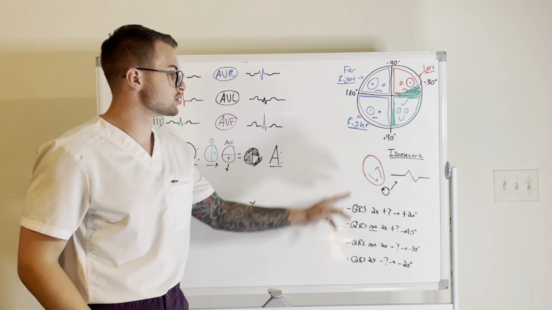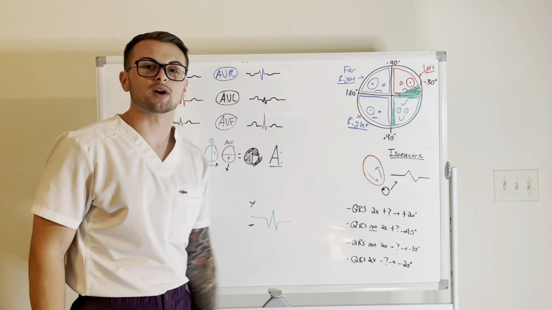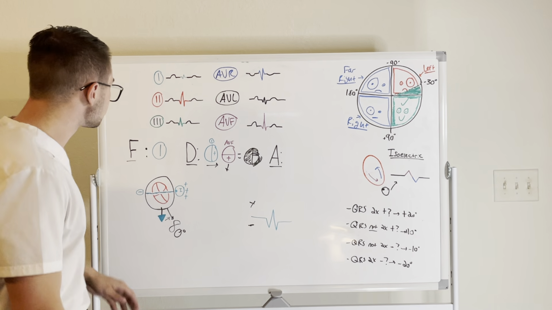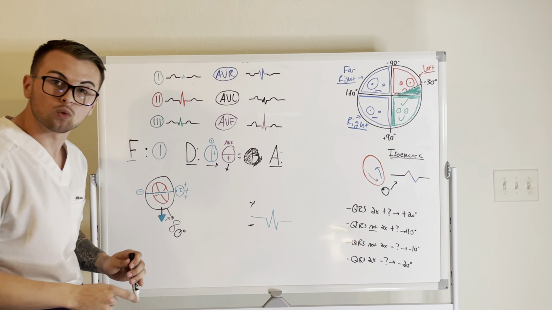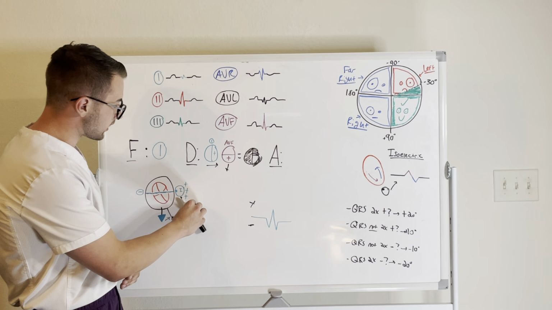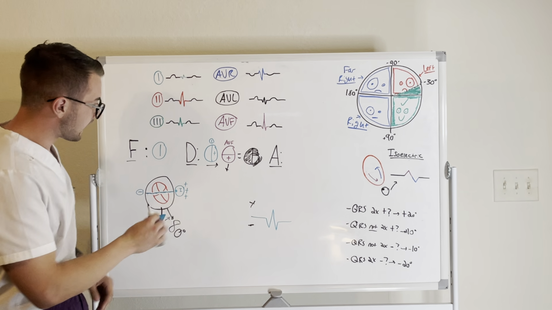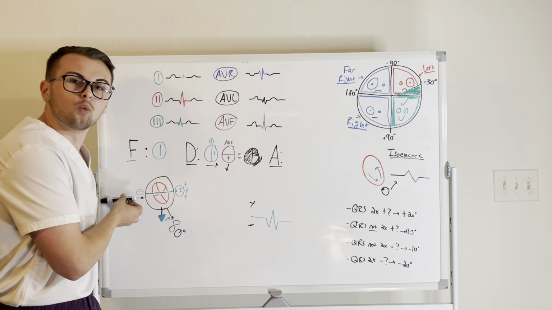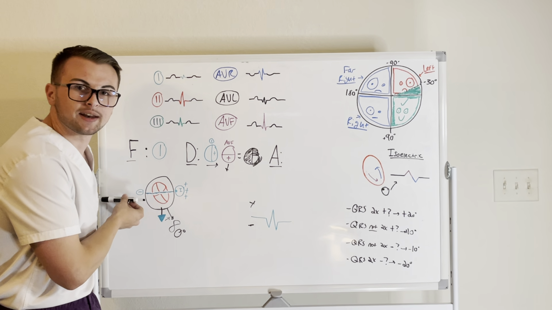So we know that the isoelectric lead gives us a general direction of where our electrical axis of the heart is going. So in our case, our isoelectric lead was lead 1. We know that lead 1 has a positive end at 0 degrees and a negative end at 180 degrees. So which way is the axis pointing?